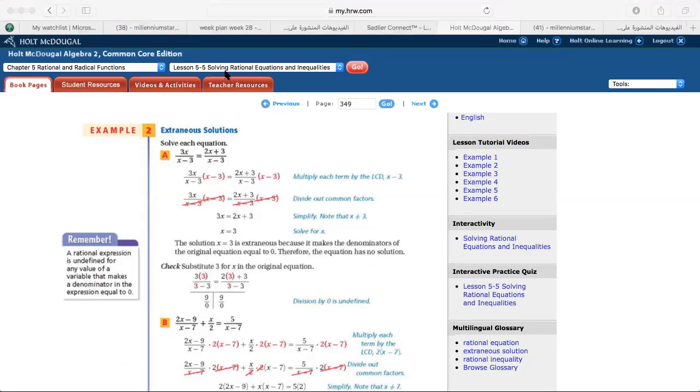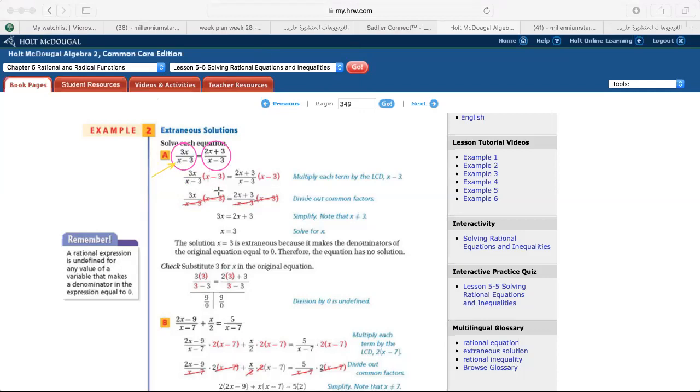Let me draw here. Here I have the first term, and here I have the second term. And here I have the LCD that I'm going to multiply with, which is X minus 3.